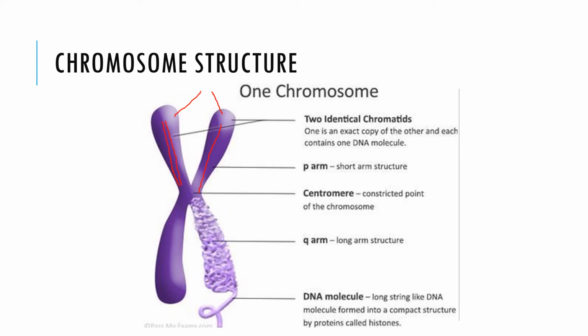This length shows the P arm or the short arm structure, and this length shows the Q arm or the long arm structure. The centermost part of the chromosome is the centromere. This is the constricted point of the chromosome.